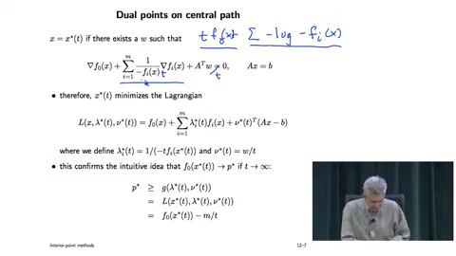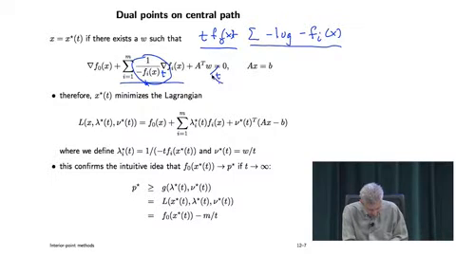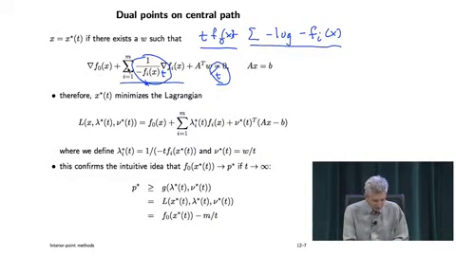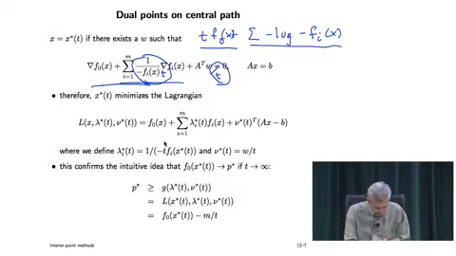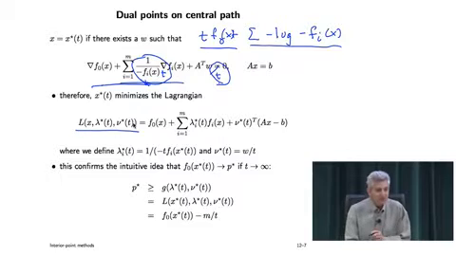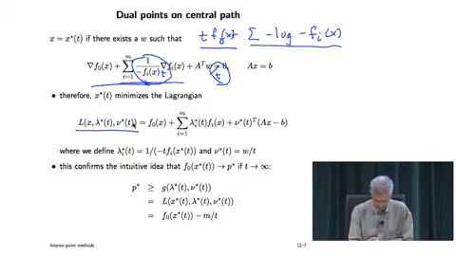It says that if we take these numbers here to be the lambdas, and we take this to be nu here, then this thing reads grad f0 plus sum of lambda i grad fi plus A transpose nu equals 0. But this first term is exactly the gradient of the Lagrangian with respect to x, right? So that's what it says.